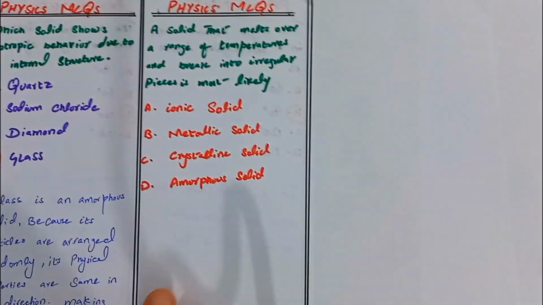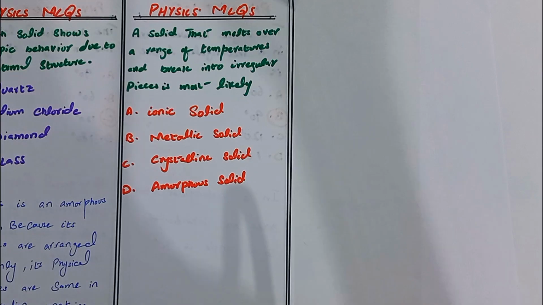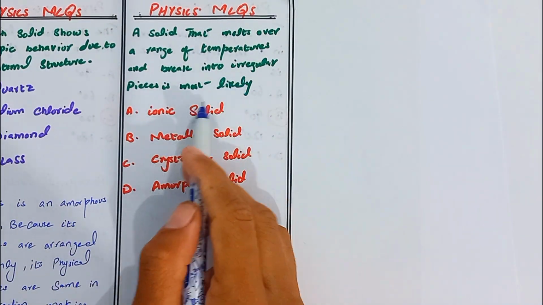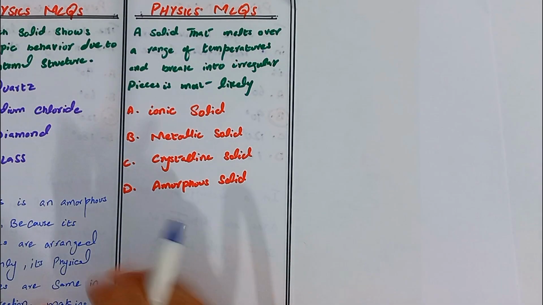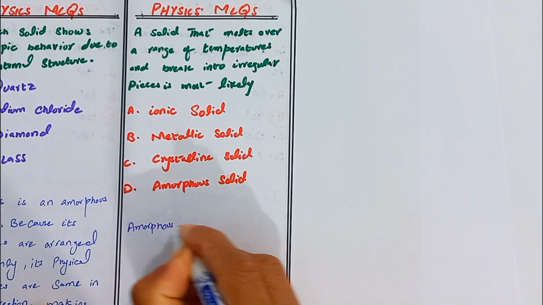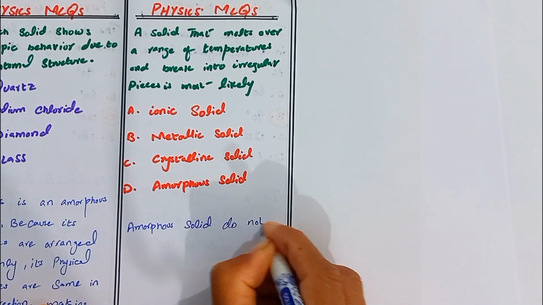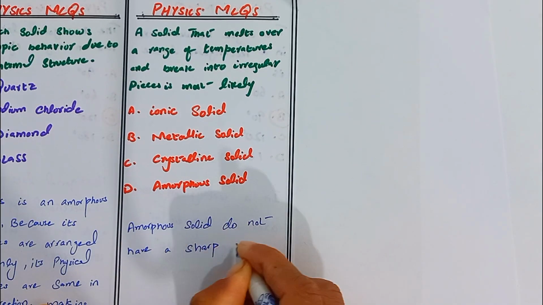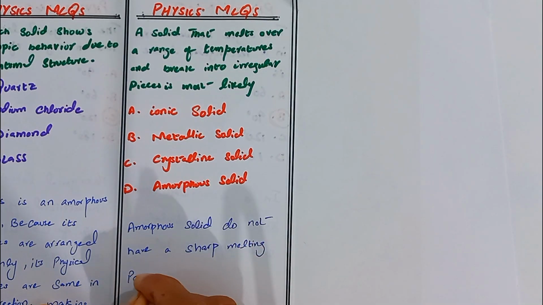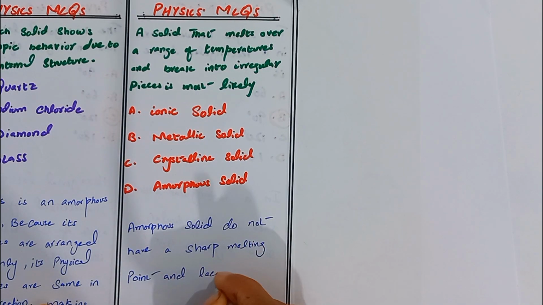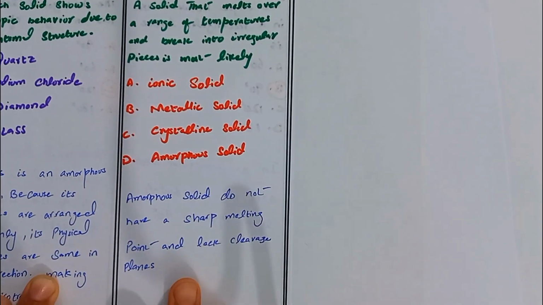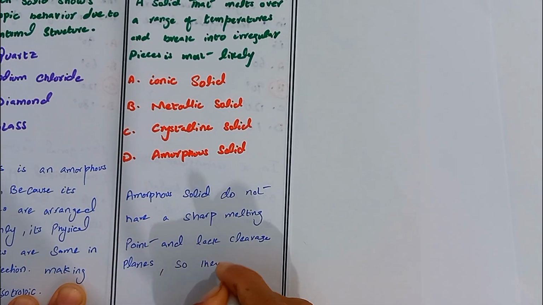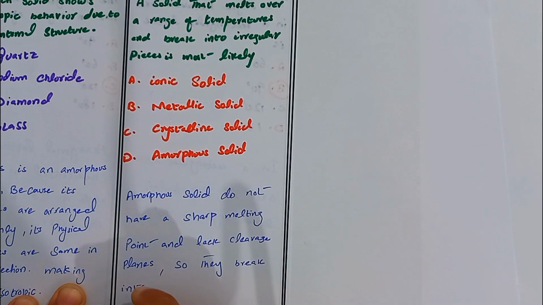Okay, now we move to the third MCQ. A solid that melts over a range of temperature and breaks into irregular pieces is most likely: ionic solid, metallic solid, crystalline solid, or amorphous solid? We know that amorphous solids do not have a sharp melting point and lack cleavage planes, so they break into irregular shapes.